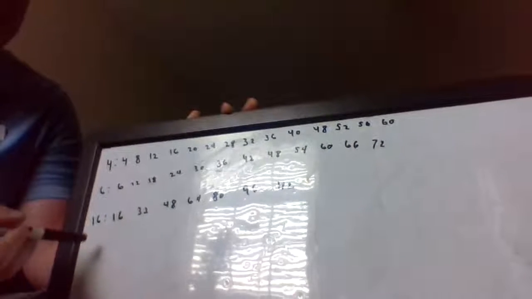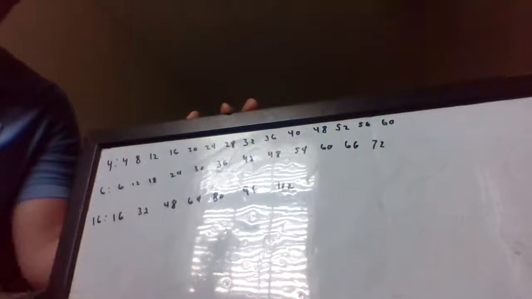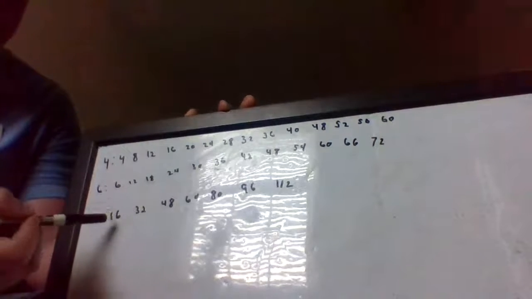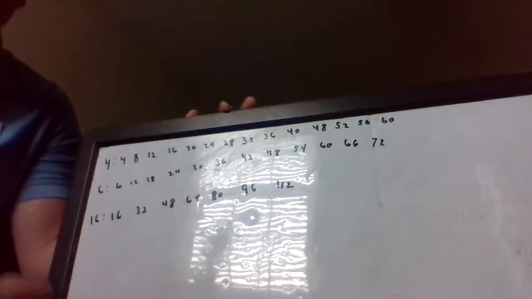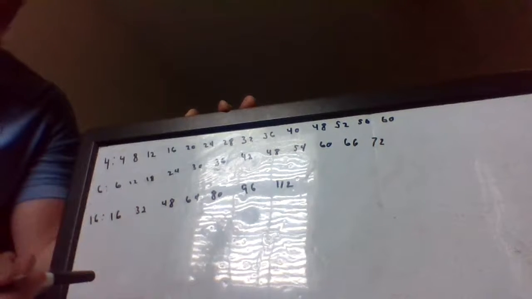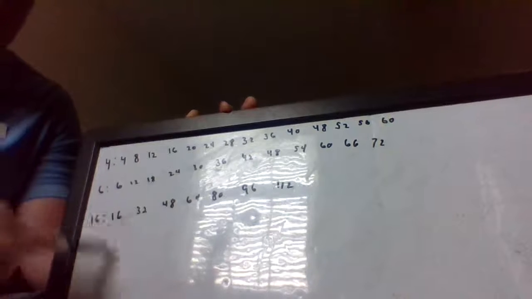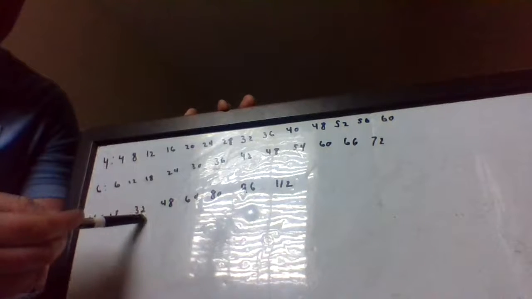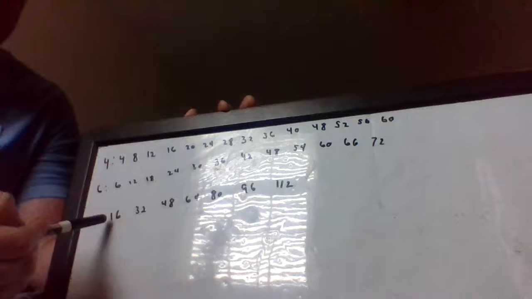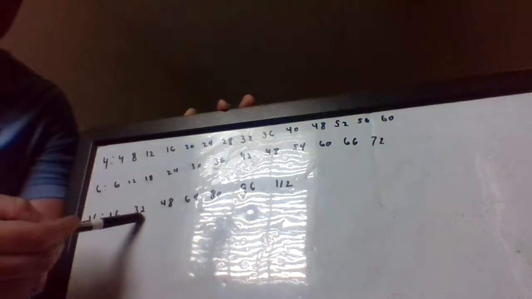Now 16, when you have a double digit number, sometimes it's a little more difficult. So we have a few strategies from here. 16 times 1 is 16. We all know anything times 1 is the bigger number. So we can add 16 from here. That would be repeated addition. 16 plus 16 is 32.